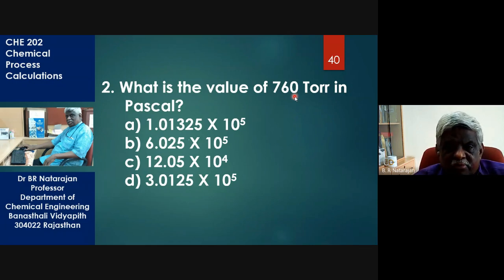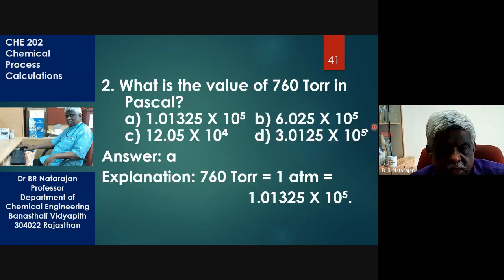Okay, so let's see whether our answer is right or not. Oh yes. 101.325 kilopascal, that is 1.01325 into 10 to the power 5, in pascals.